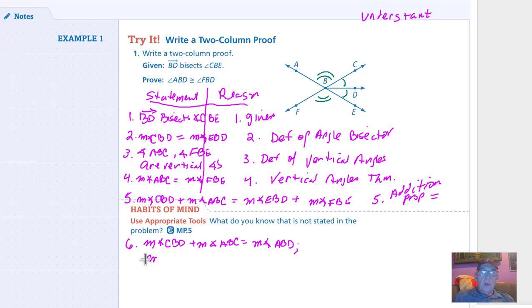Also, the measure of angle EBD added with the measure of angle FBE equals the measure of angle FBD. And that is angle addition postulate.